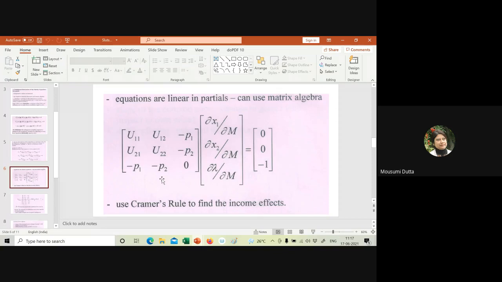What will be the sign of the determinant? Positive. In case of maximization, remember that the sign will be positive. Actually the sign alternates, starting with positive.